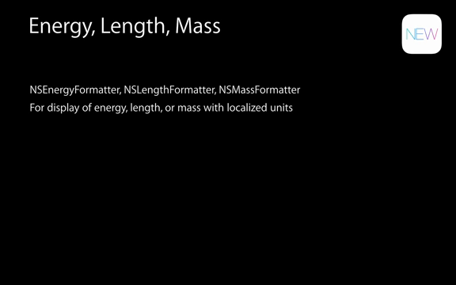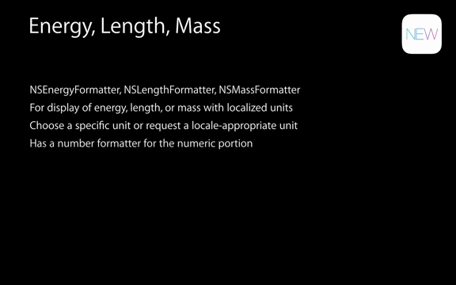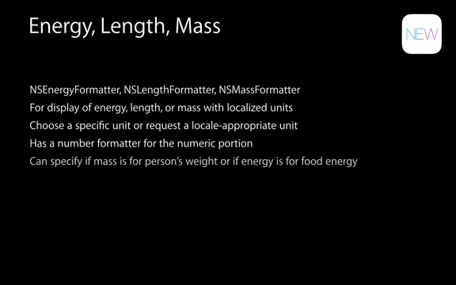And it will show the numeric part plus a localized unit. You can specify the exact unit you want, or you can request a locale-appropriate unit, whatever is standard in that particular locale. There's a number formatter attached to it, so you can use all the number formatter options for formatting the numeric part.